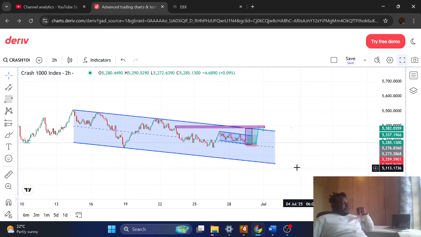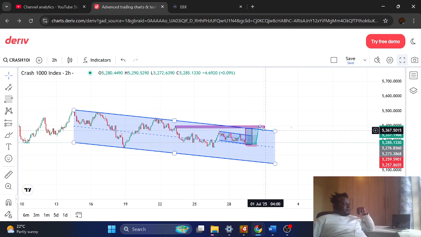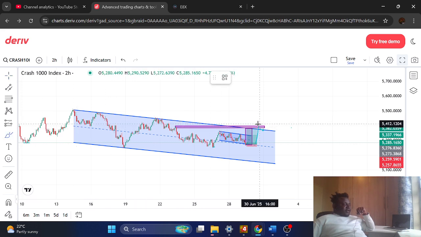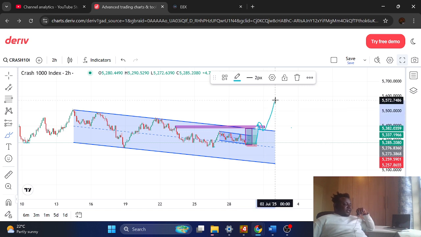Okay, the market will come, retest this zone, and then what you want to confirm a buy is a breakout at this zone right here. If the market breaks out here, it will break out, retest, and then we expect the market to go down.